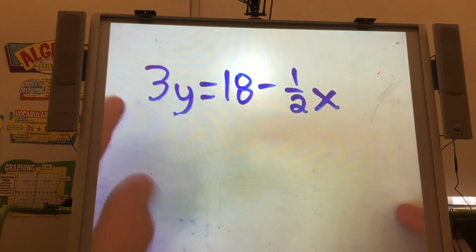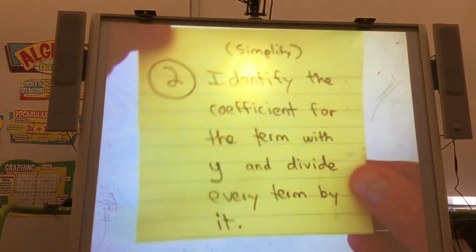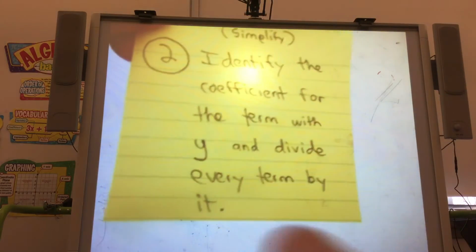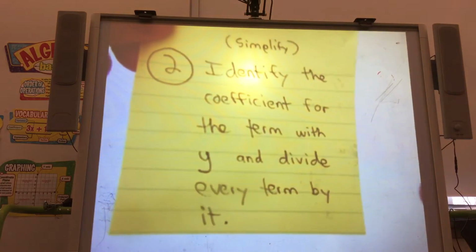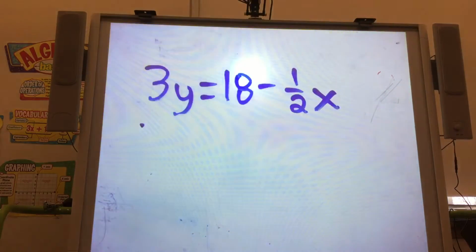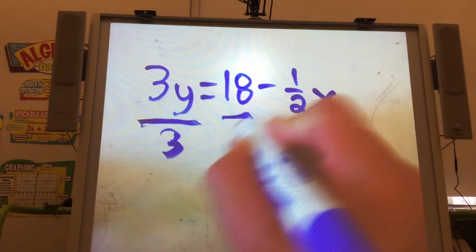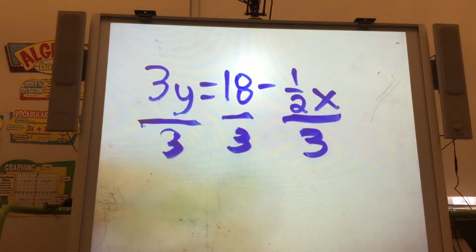In this case, the coefficient is 3, and what I do is identify the coefficient for the term with y and divide every term by it. The term with y is 3y, the coefficient is 3, so I'm going to divide everything by 3.